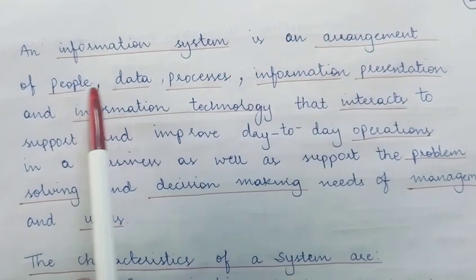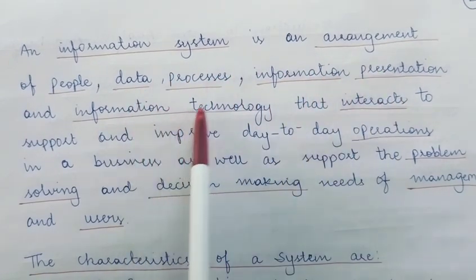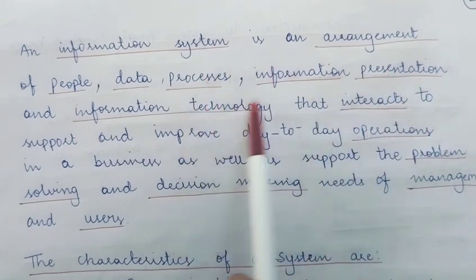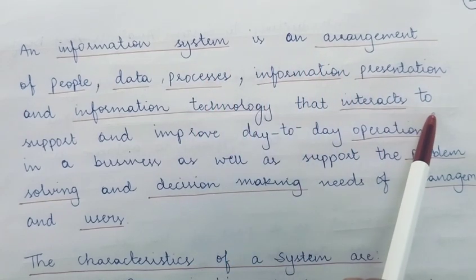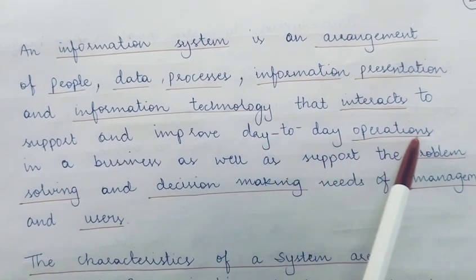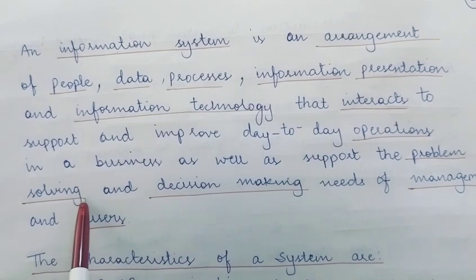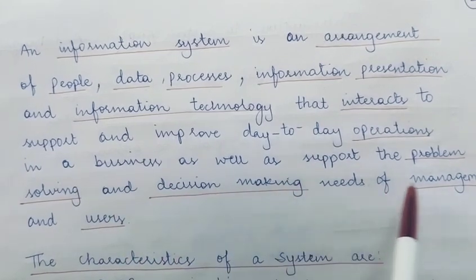Those are people, data, processes, information presentation, and information technology. And all these components are interacting together to support and to improve the day-to-day operations of a business, as well as support the problem solving and decision making needs of management and users.